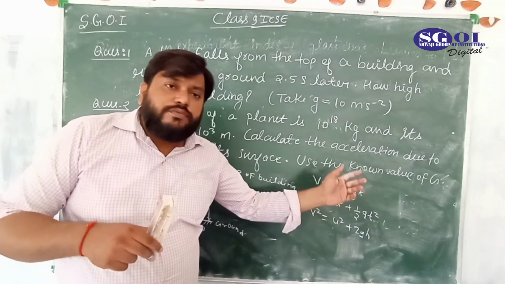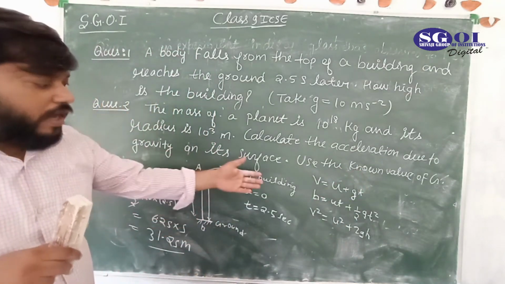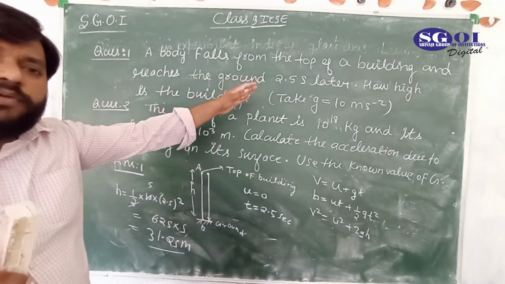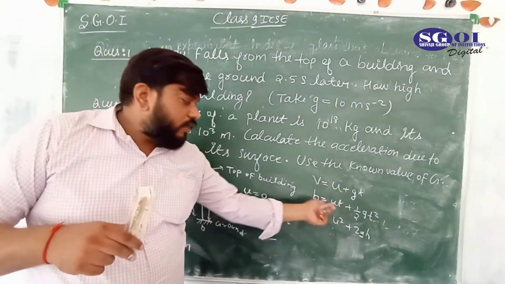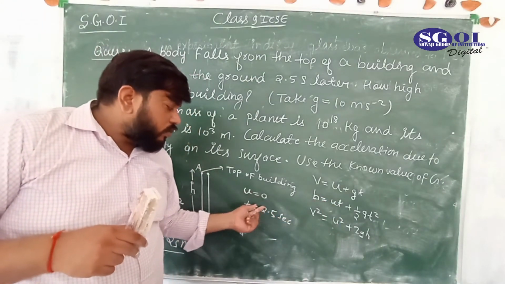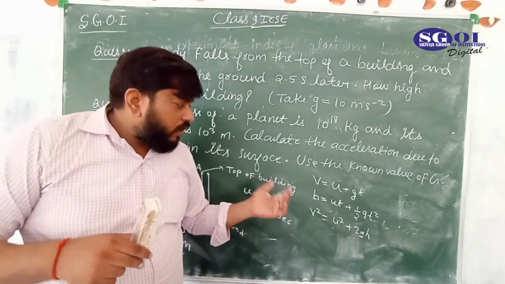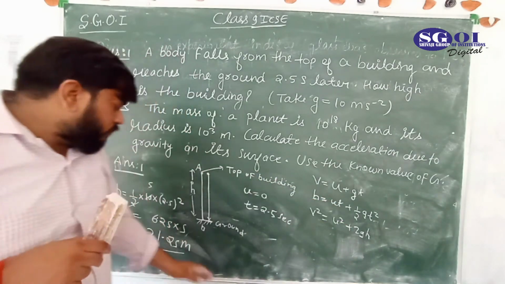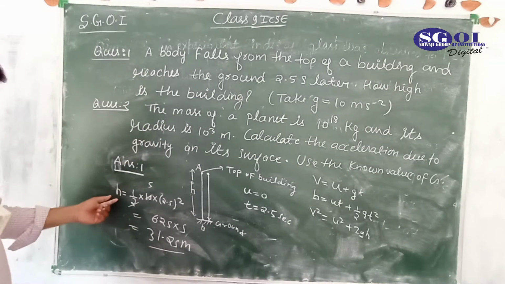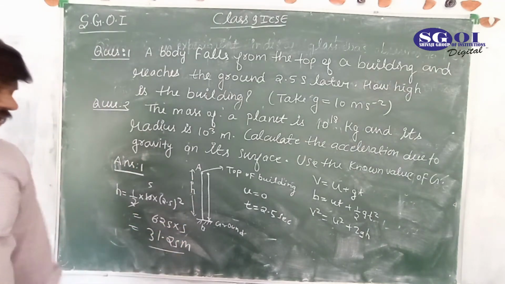So these equations are useful for solving this problem, and according to the information given in the problem, we use the second equation. We already have u equal to 0 and the time, other information is not given, so the second equation is useful, and we find that the height of the building is 31.25 meters.